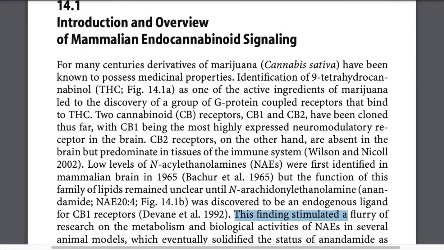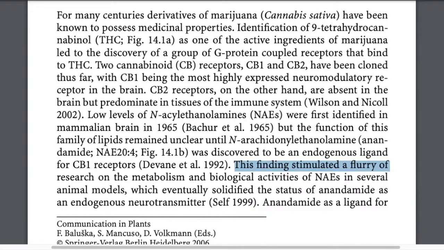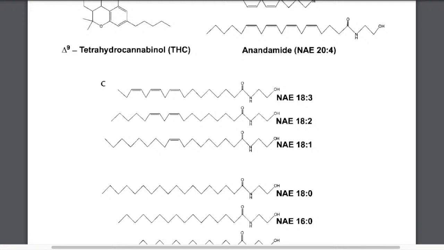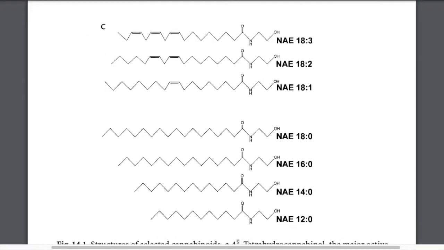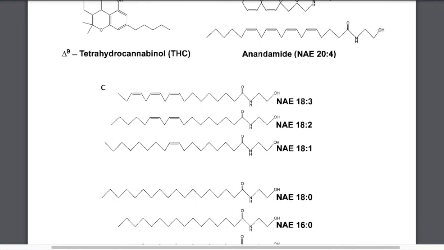The findings stimulated a flurry of research on the metabolism and biological activities of NAEs in several animal models, which eventually solidified the status of anandamide as an endogenous neurotransmitter. Anandamide as a ligand. Very nice diagram. We got pictures in this book too for all the other words we're reading.